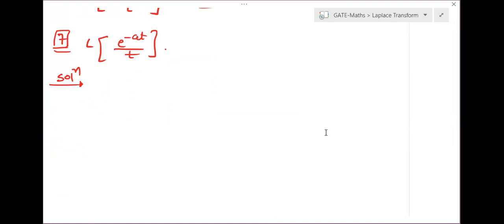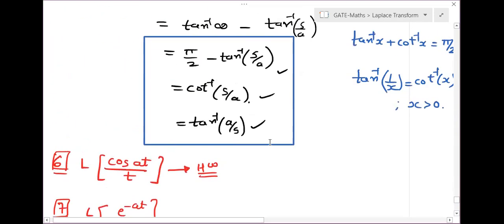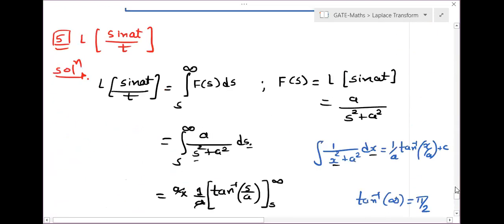For Laplace of 1 upon t, your n will be minus 1. When I gave you the formula of Laplace of t to the power n, remember, there was one condition that n should not be what?